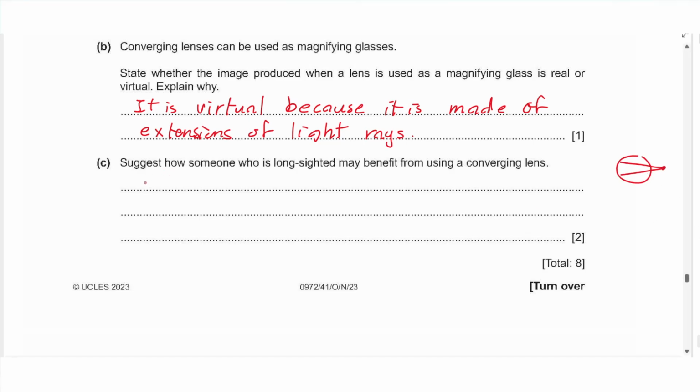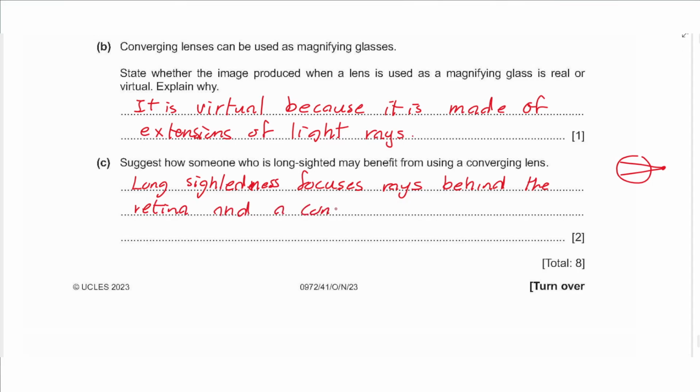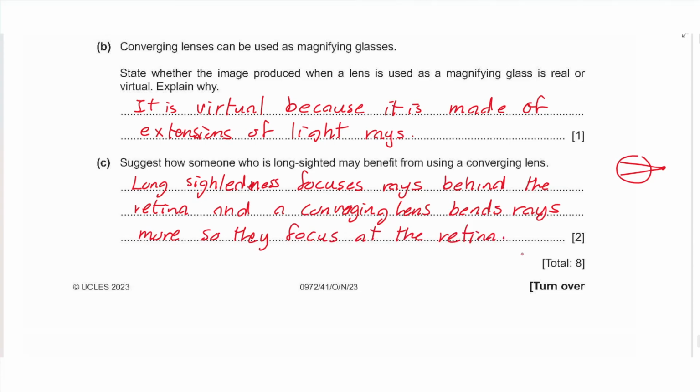That is a problem. So we start by saying long-sightedness focuses rays behind the retina, and a converging lens bends rays more, so they focus at the retina. This is how we fixed the problem.